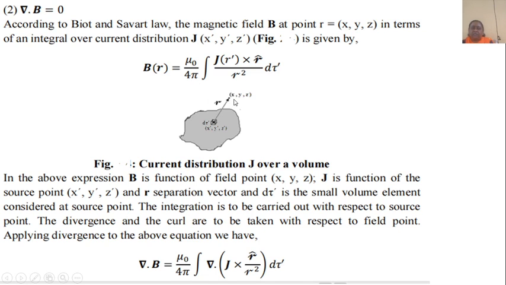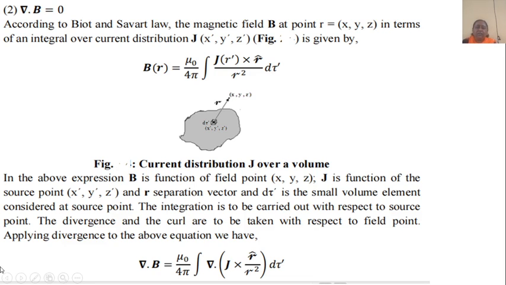From this point x, y, z, here is the separation distance r. The integration is to be carried out with respect to the source point. The divergence and the curl are to be taken with respect to field point.